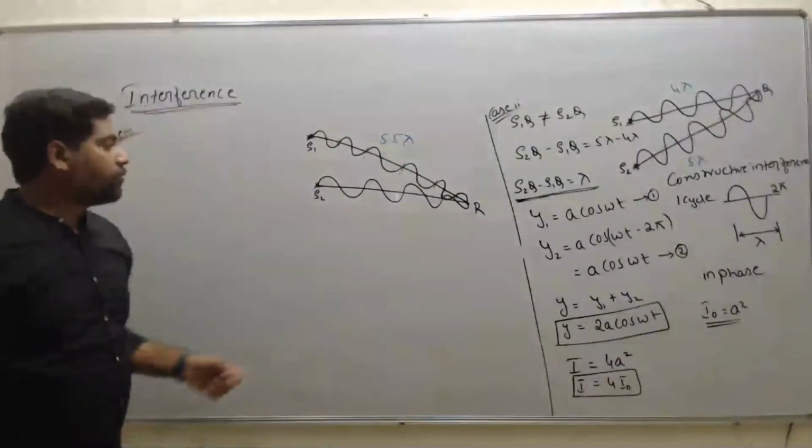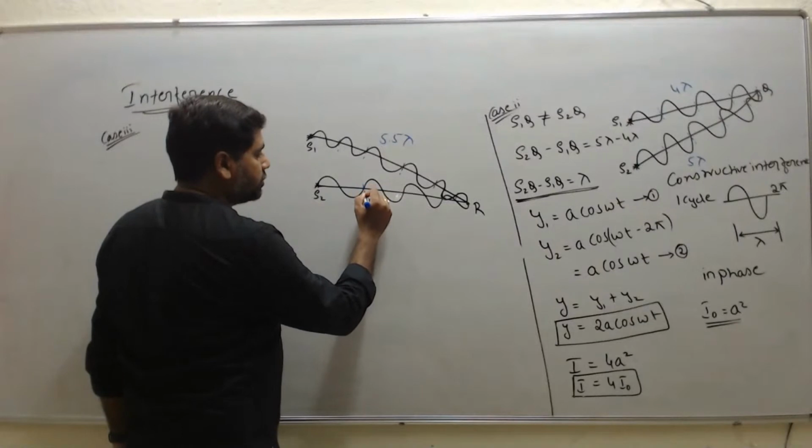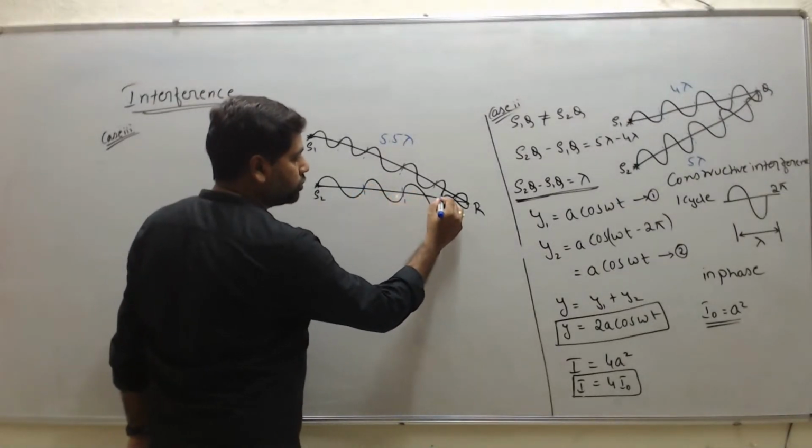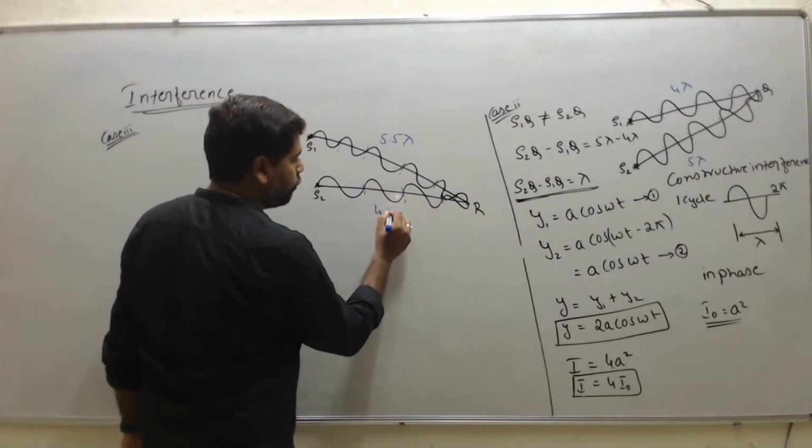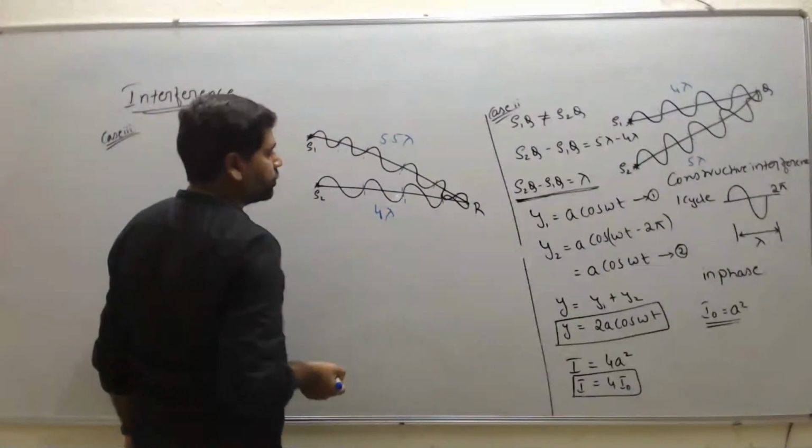If we check for the source S2, then here it is 1, 2, 3, and here is 4 lambda.